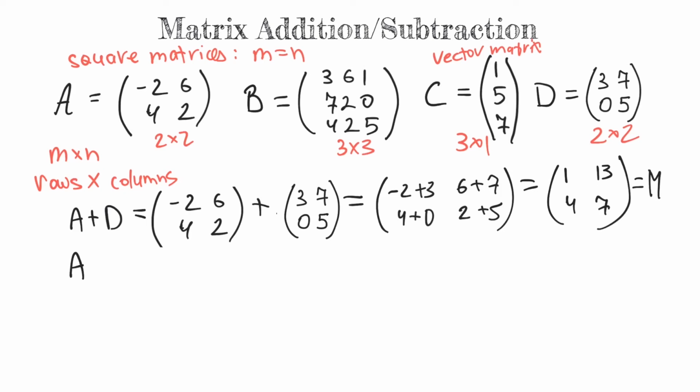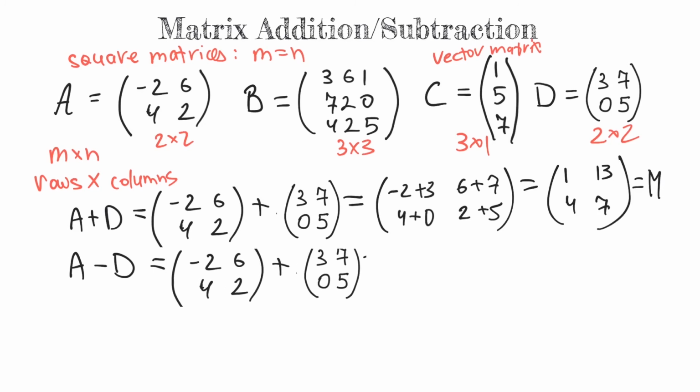Now let's subtract matrix D from matrix A, and the same way we did here, we're going to copy those two matrices, switch the signs, and let's see what that gives us. So in the same fashion, we're going to subtract each element.